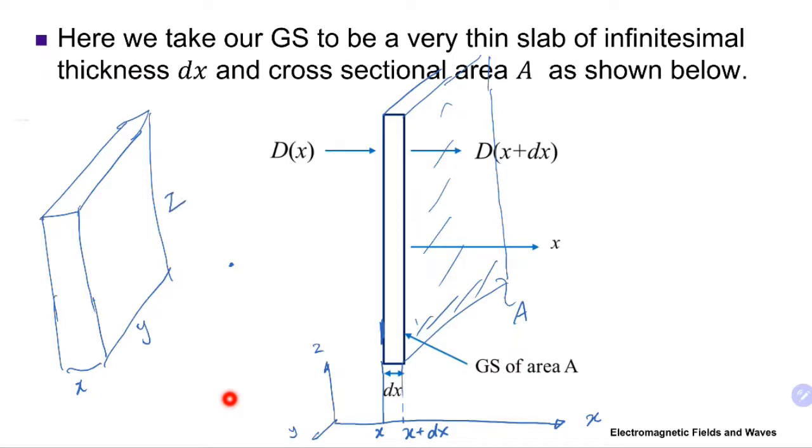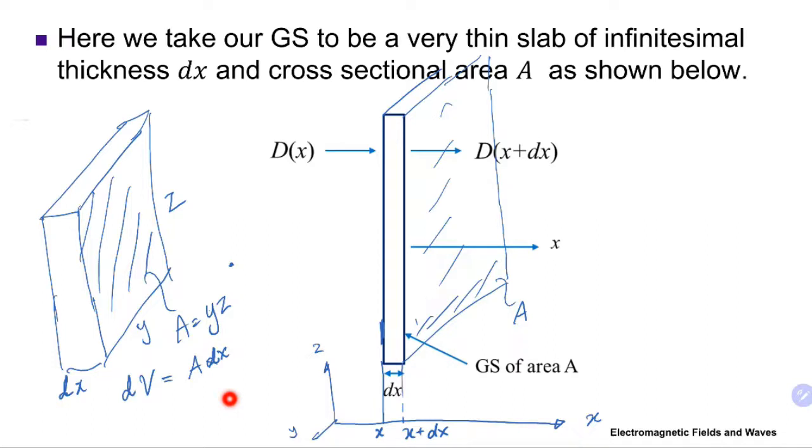If I want to calculate the volume, the area A will be y times z, and the volume will be A times x. If my x is very small, I call it dx, then the volume will be A dx. Correct? Sometimes we call this dV.